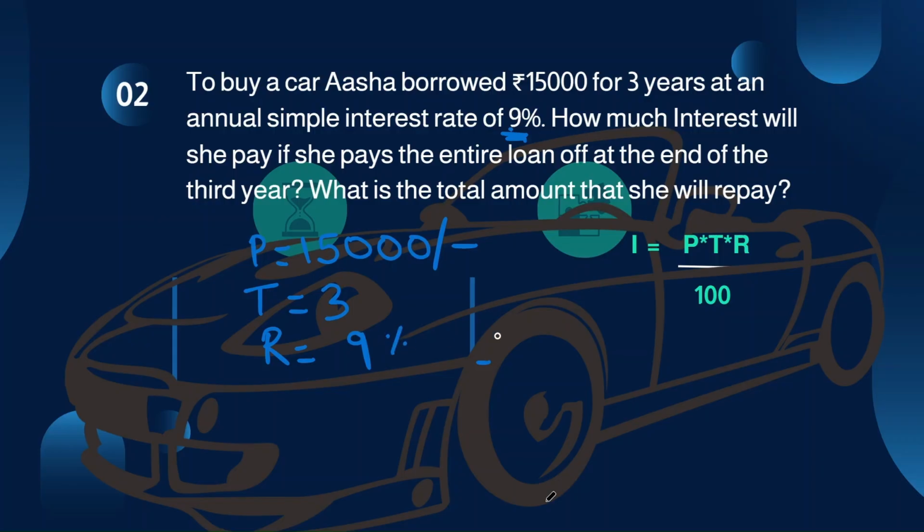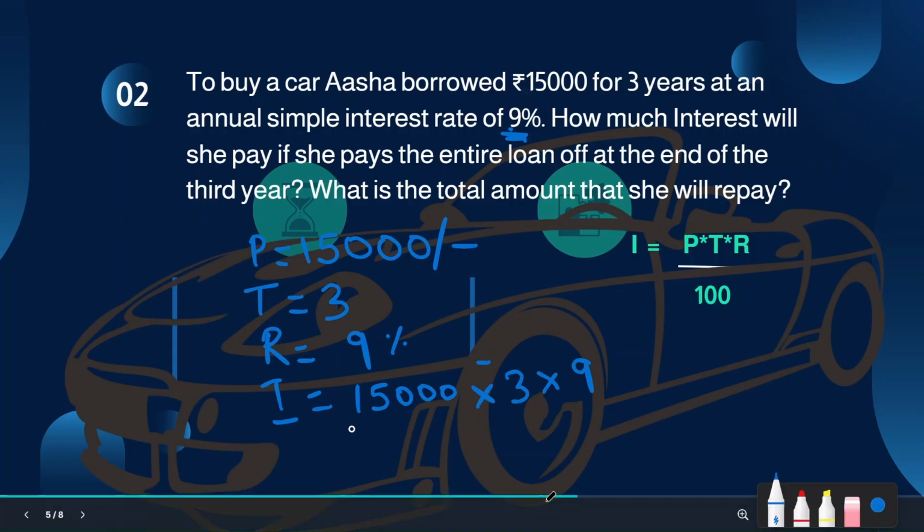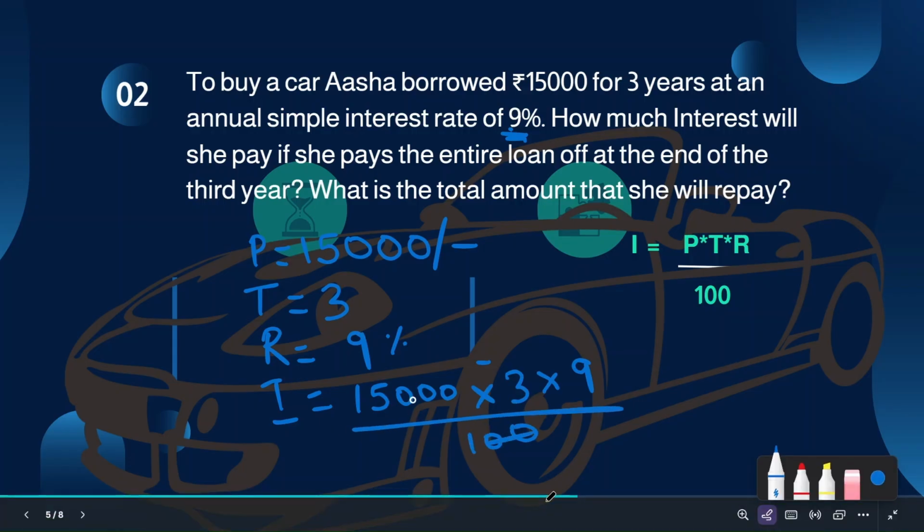So now we will find out I is equal to P into T into R by 100. That is 15,000 into T is 3 and R is 9 by 100. And these 2 zeros will get cancelled.